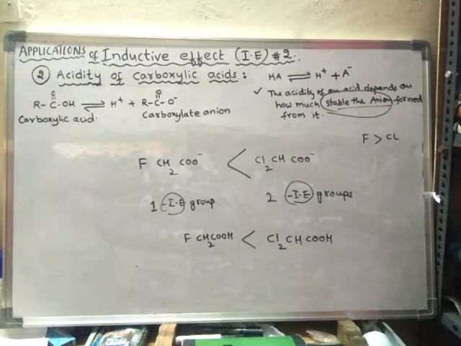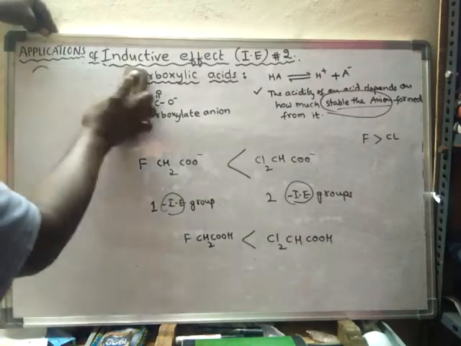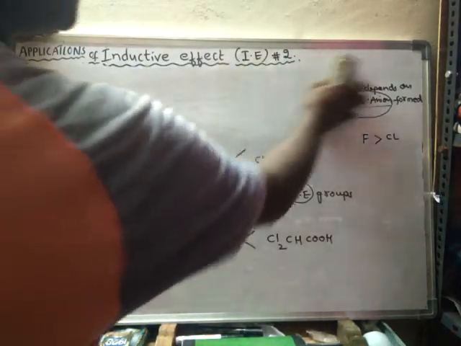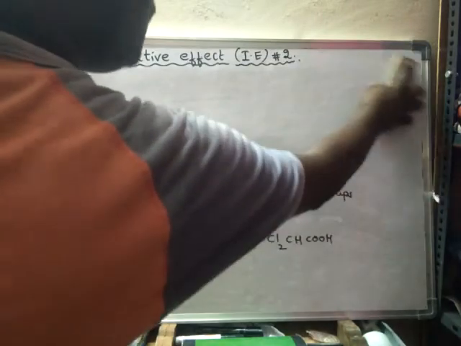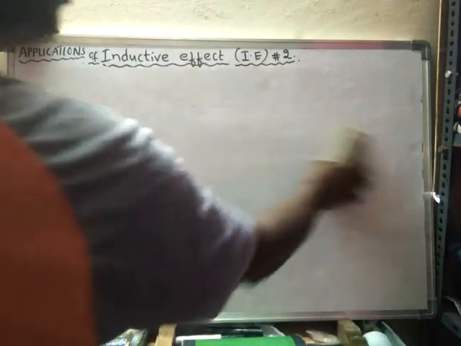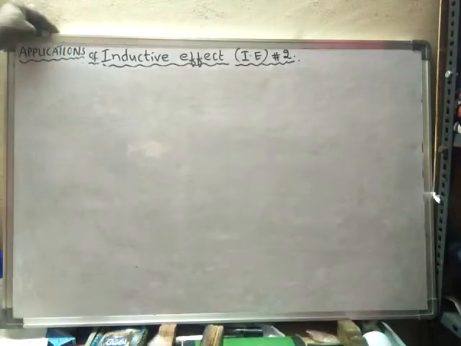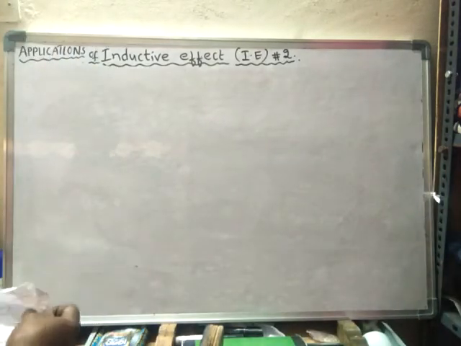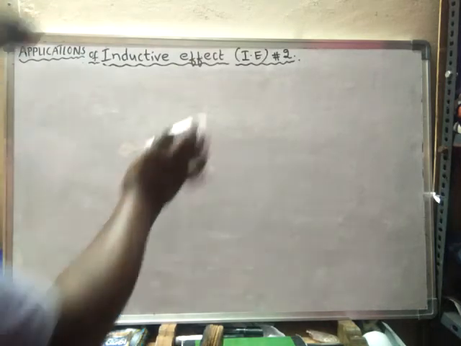Now we will see another application, the third application of inductive effect. What is the third application of inductive effect? Here, comparison of basicity. How does inductive effect help us to find which substance is more basic than the other substance?